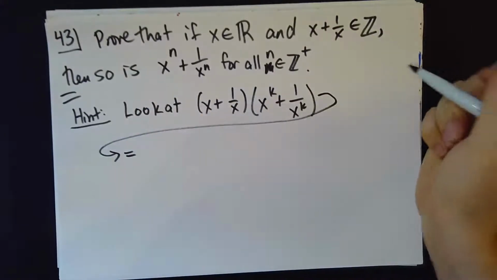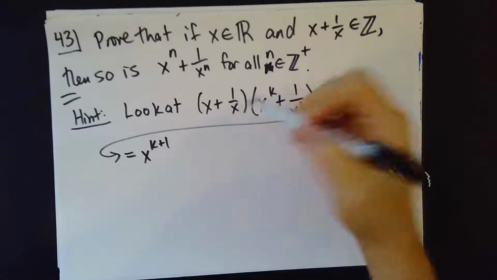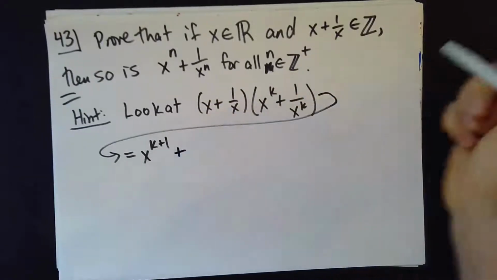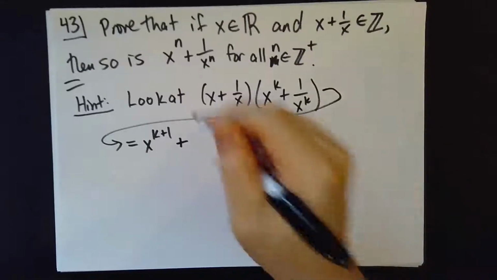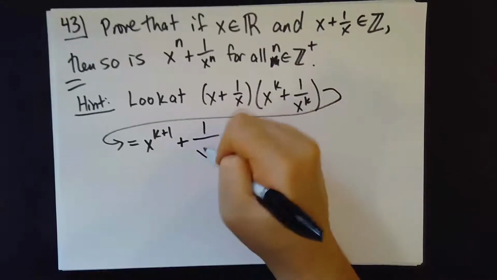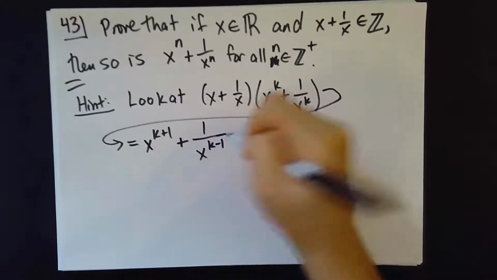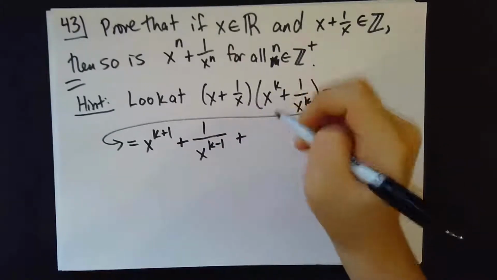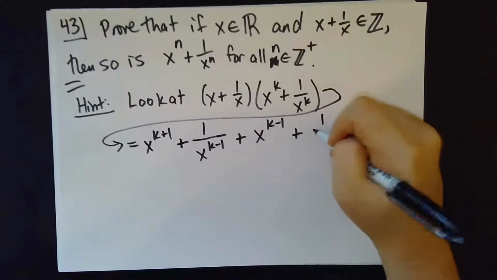Okay, so if I multiply this out, x to the k plus 1 plus, let's see, 1 over x to the k minus 1 plus x to the k minus 1 plus 1 over x to the k plus 1.